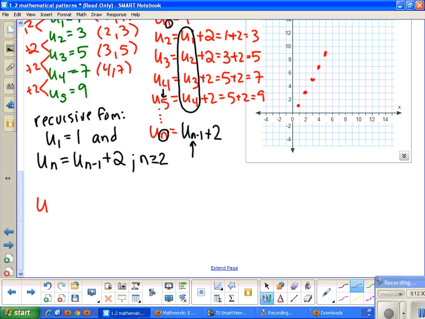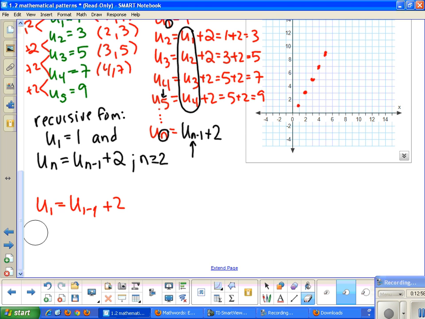If I try to put u sub 1 into my formula, I would get u sub 1 minus 1 plus 2, which is really u sub 1 equals u sub 0 plus 2. But we didn't start off with a first term of u sub 0. Our first term starts off with u sub 1.